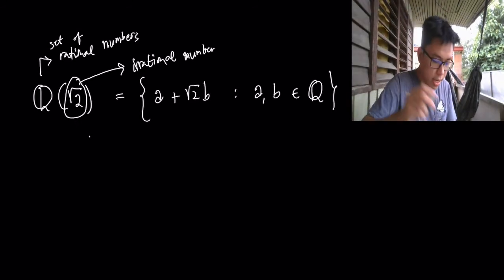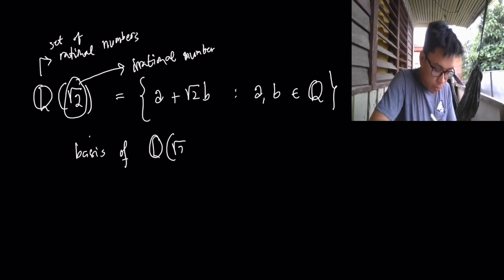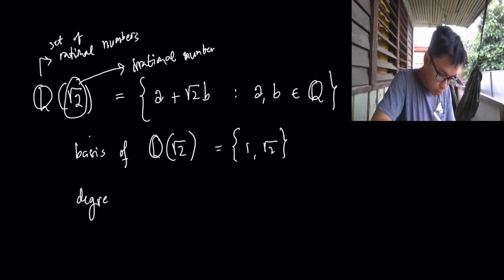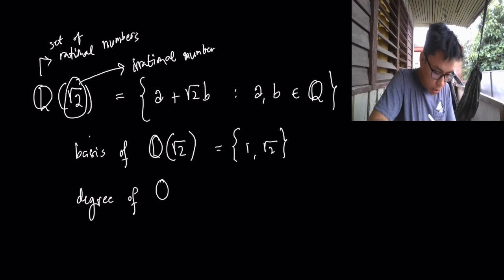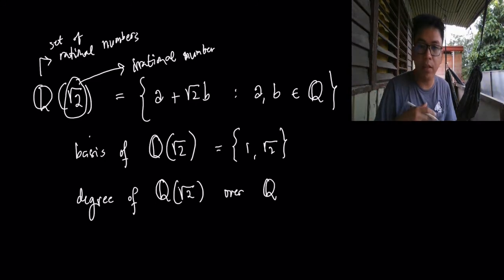Since the basis of Q of square root of 2 is 1 and square root of 2, we can say that the degree of Q of square root of 2 over Q is 2. Here you're seeing this as a vector space over the underlying field, so Q of square root of 2 is an extension field.